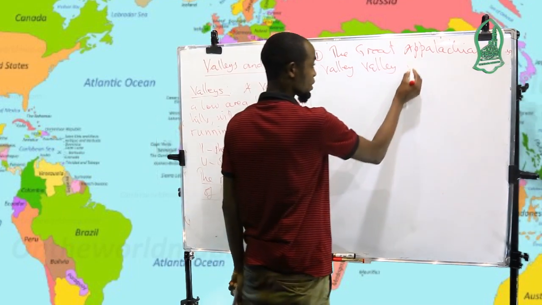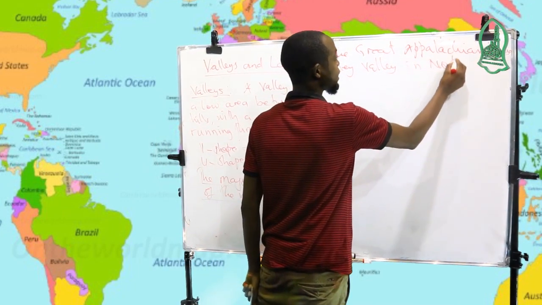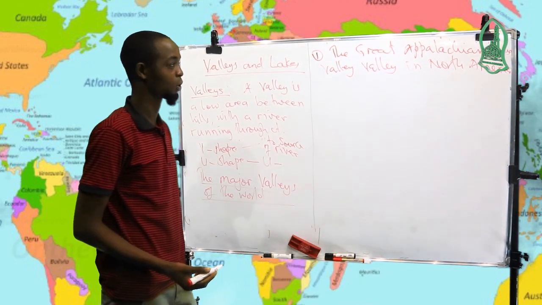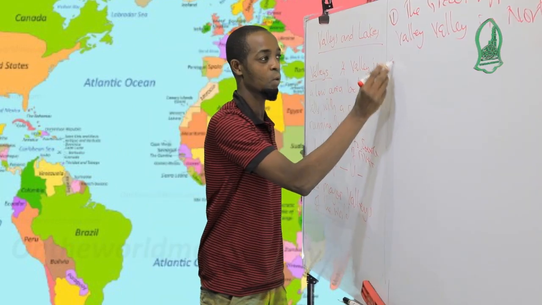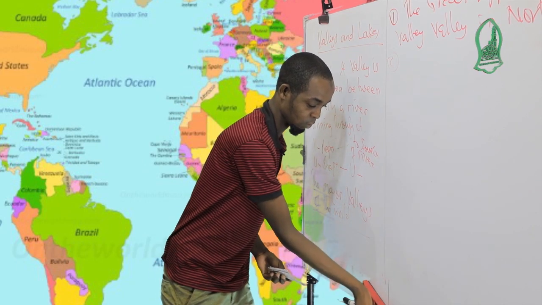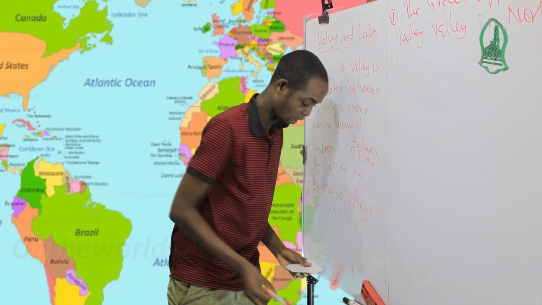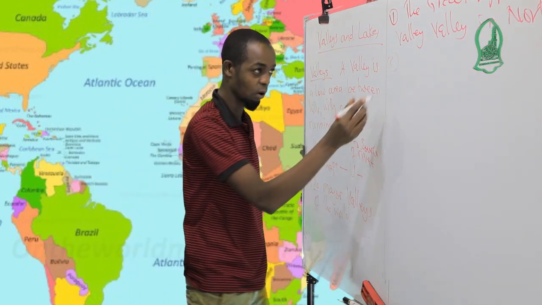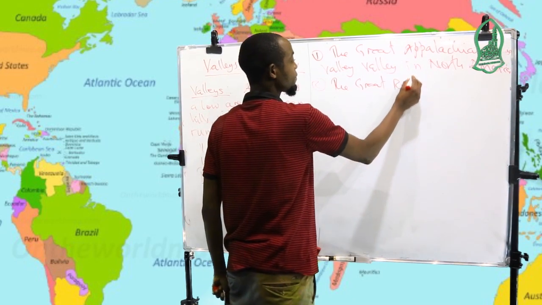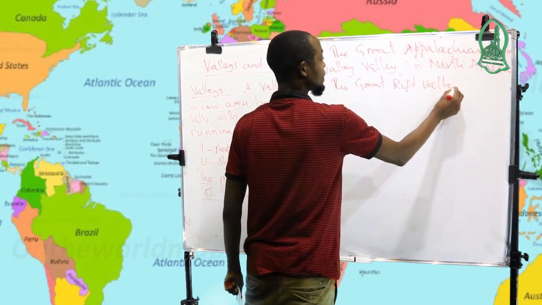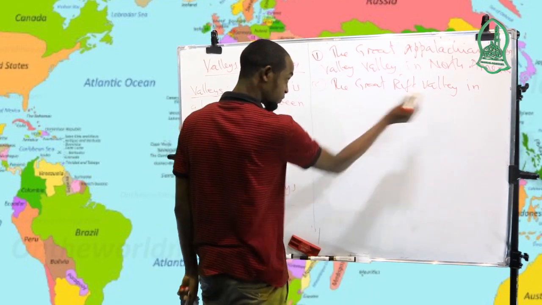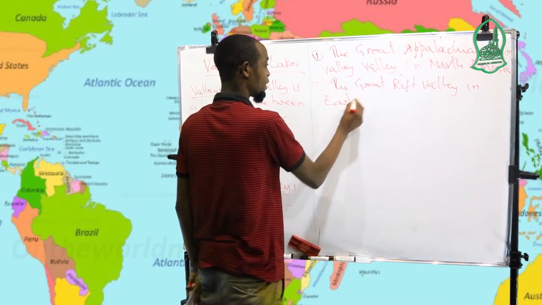This is found in North America. The second one is the Great Rift Valley. This is found in East Africa.